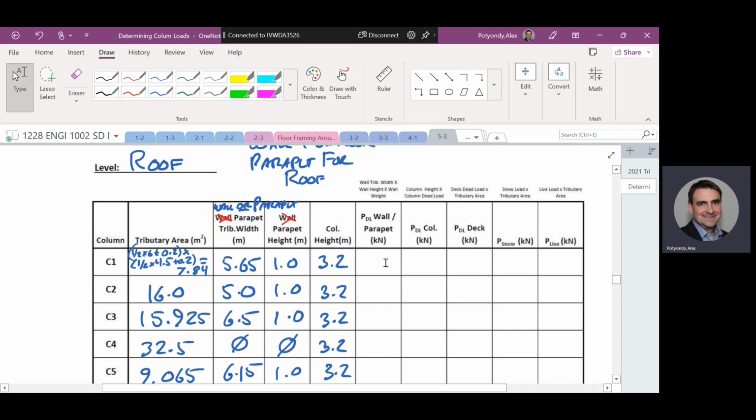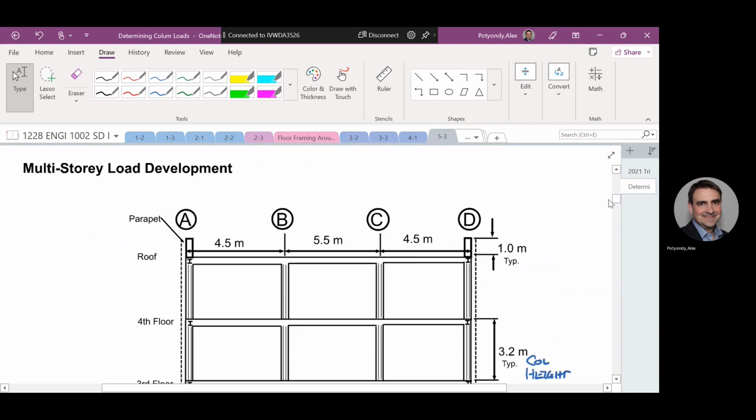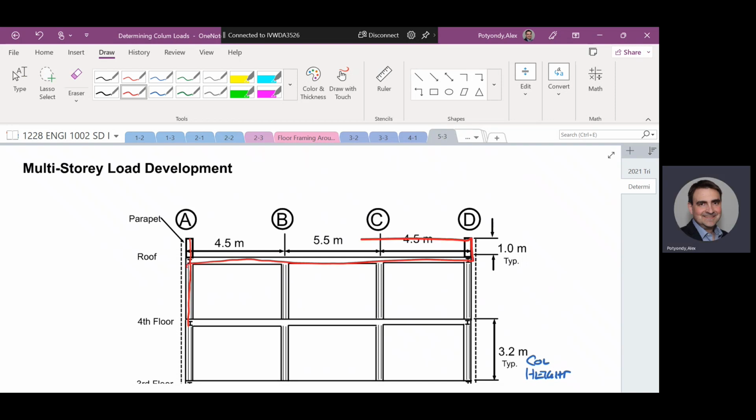Something interesting as well, that once I have that, I can look at an elevation. This is basically what I'm supporting.